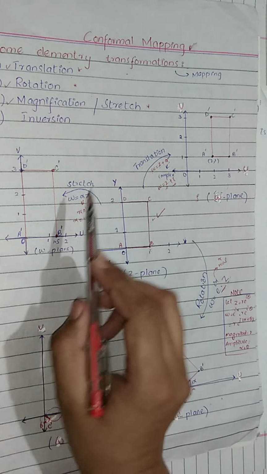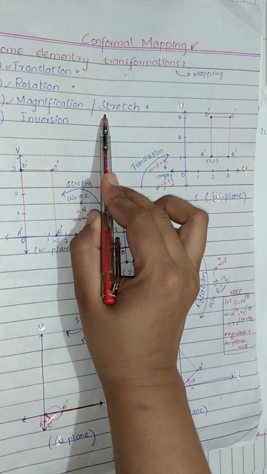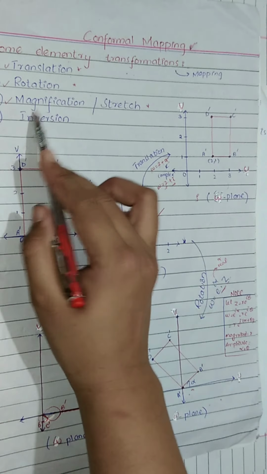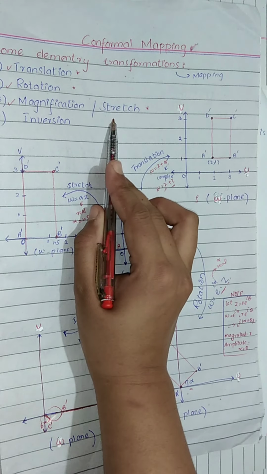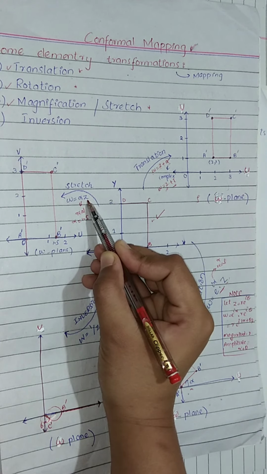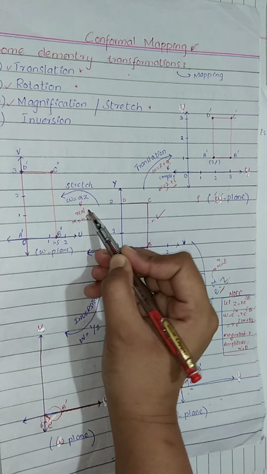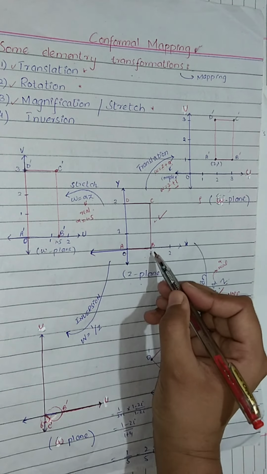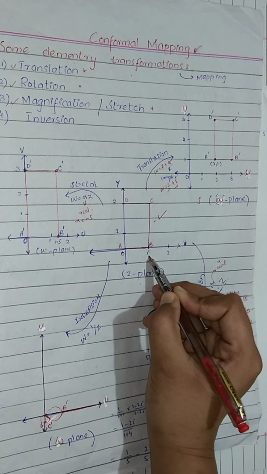Now further, stretch or magnification transformation. The Z plane is like this. For magnification or stretch transformation, the condition is W is equal to alpha Z, where alpha is a real number. We can see that the B point is at 1.